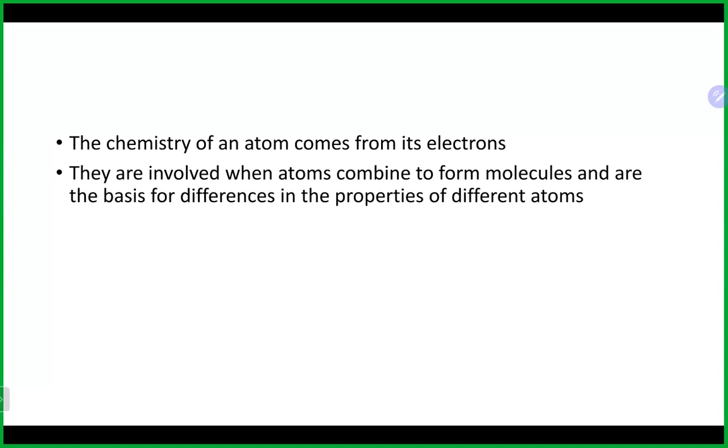If you think about the atom, we have our nucleus, which is positively charged, and our electrons on the outside. So if two atoms were to come together, the electrons are going to be the first ones to say hello to each other as they're on the outside, and they're going to interact with one another.